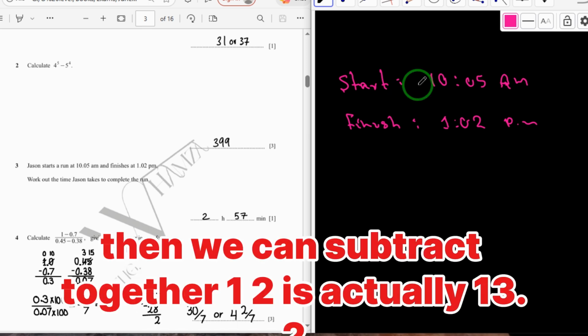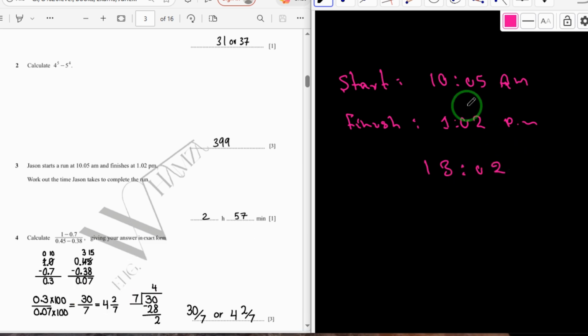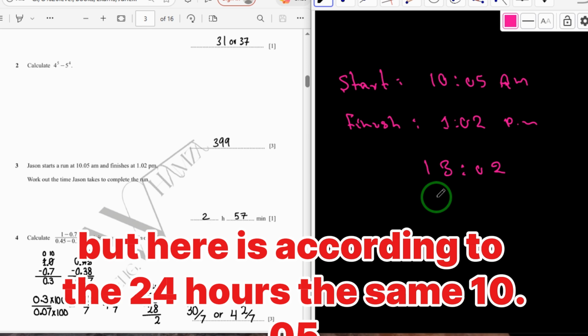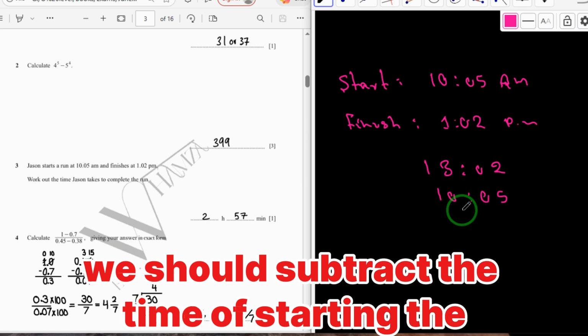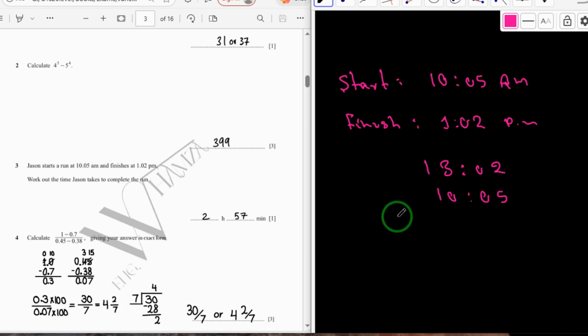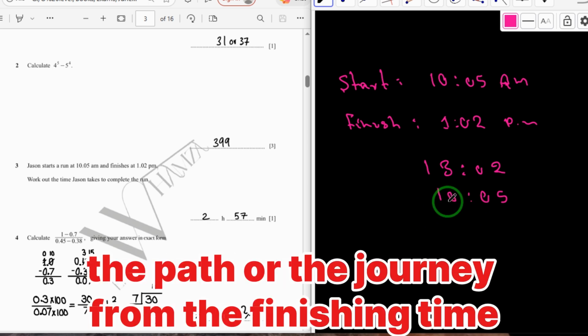Then we can subtract. 1:02 p.m. is actually 13:02, and the start time is the same, 10:05. We should subtract the time of starting the journey from the finishing time.